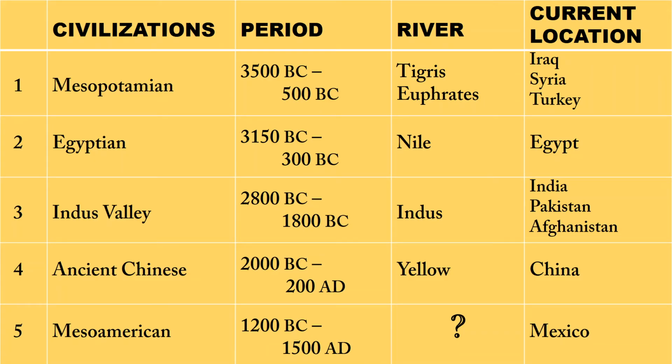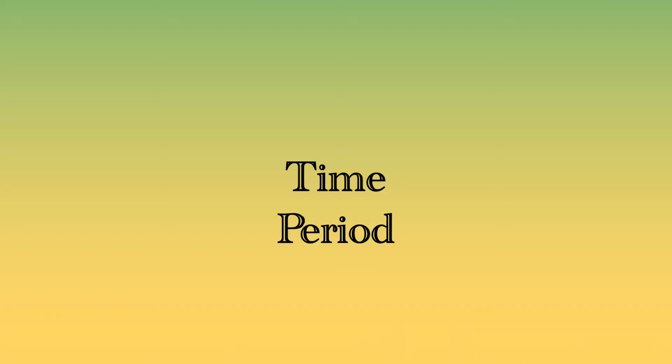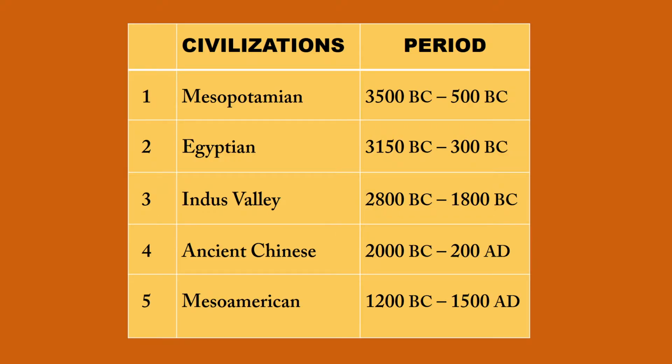For convenience, the main points of these civilizations are arranged in a tabular form. Now let's take the first two columns so that we can compare the time periods of these civilizations. From the table, it is clear that the most ancient civilization in the world existed in Mesopotamia, and it was founded in the year 3500 BC.